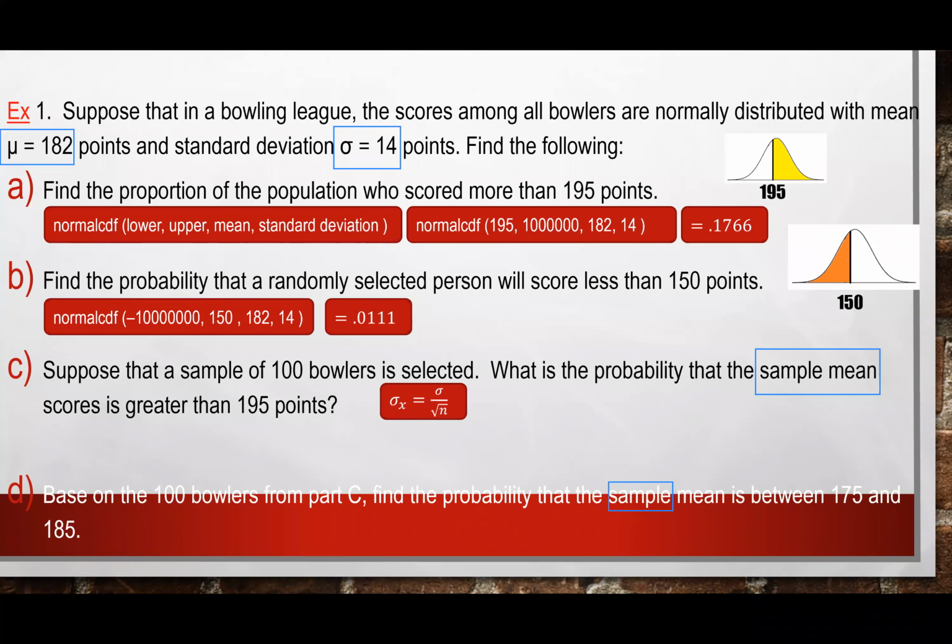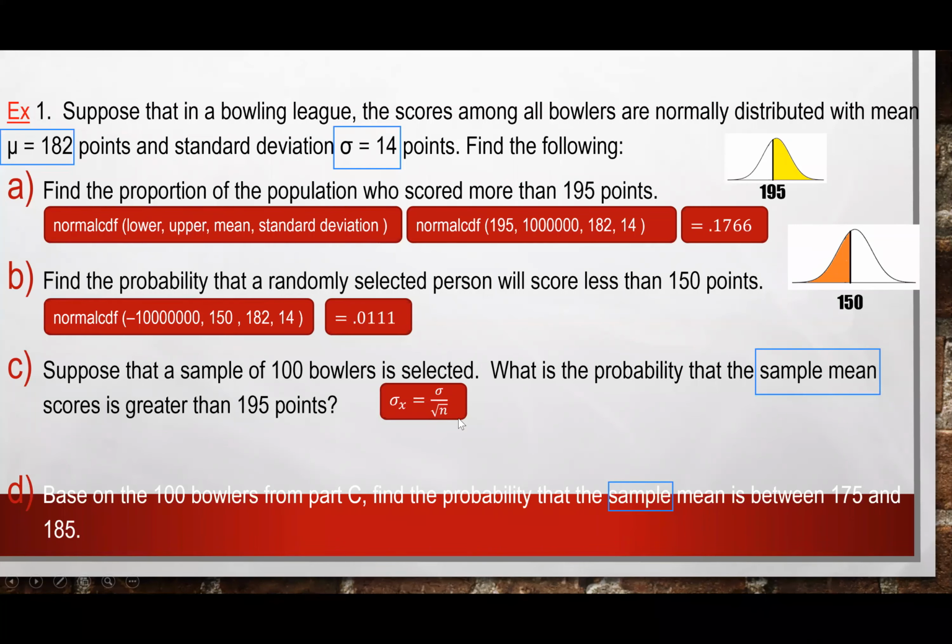We cannot use the population standard deviation to calculate the sample, right? The central limit theorem tells us that we can convert this to a sample standard deviation, and to do that, we take the standard deviation divided by the square root of n.